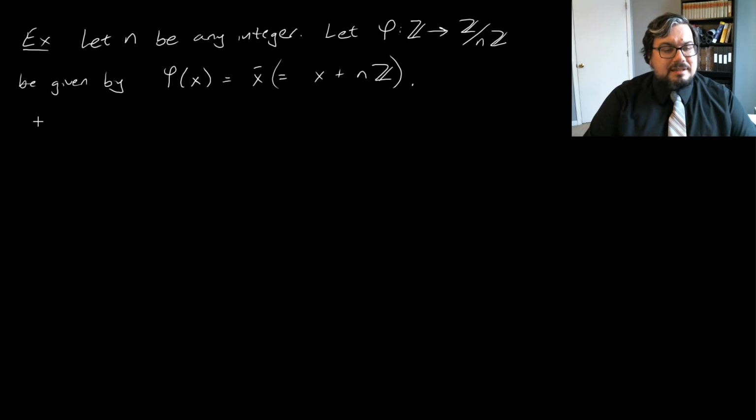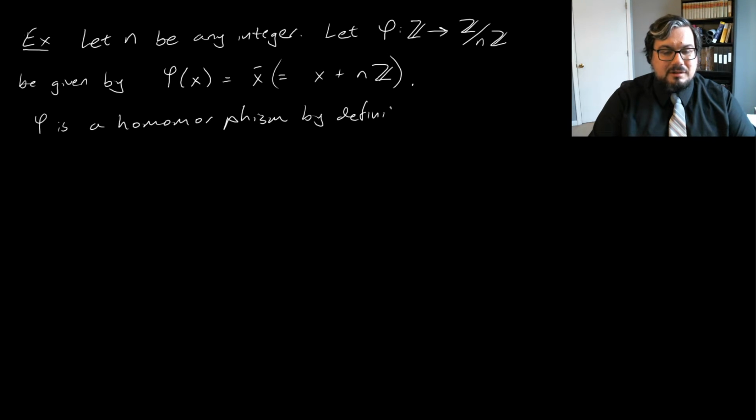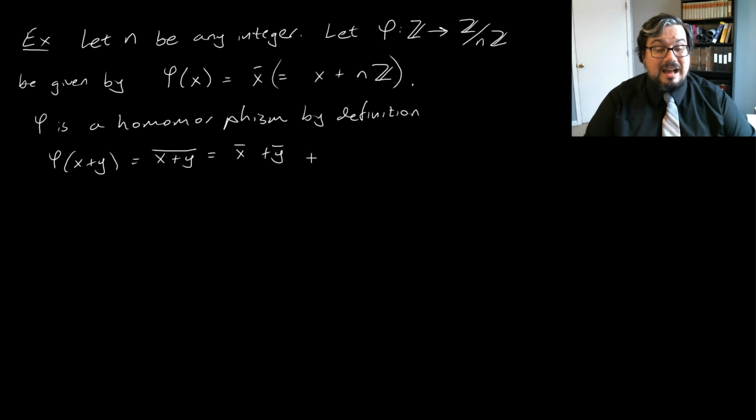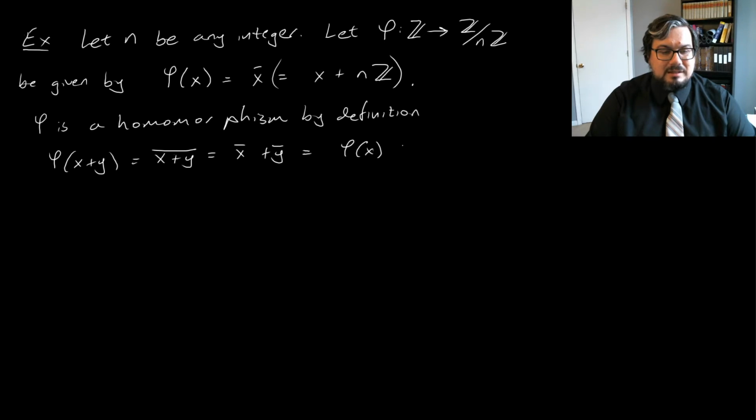Now, in this case, phi is a homomorphism, basically by definition. Because if I have phi of x plus y, that's by definition x plus y bar, which is x bar plus y bar, because that's just how we define addition inside the factor ring, which is phi of x plus phi of y.